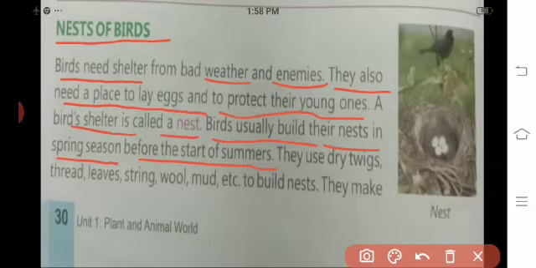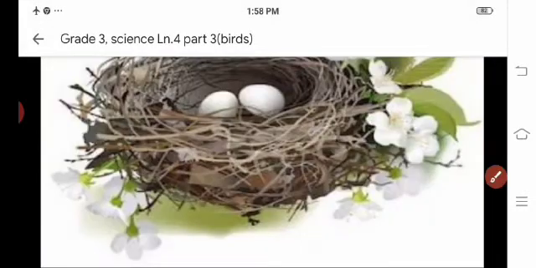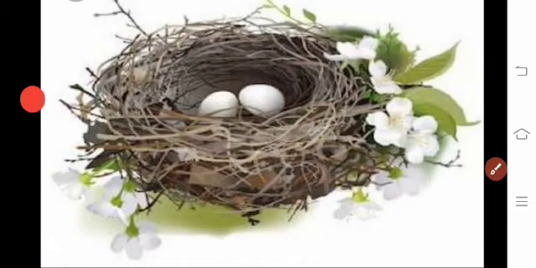But birds use dry twigs, thread, leaves, string, wool, mud, etc. to build nests. Okay, you see the nest, how it looks. It is made with the help of strings and all, no? Yes, leaves and strings and all are used to make the nest.